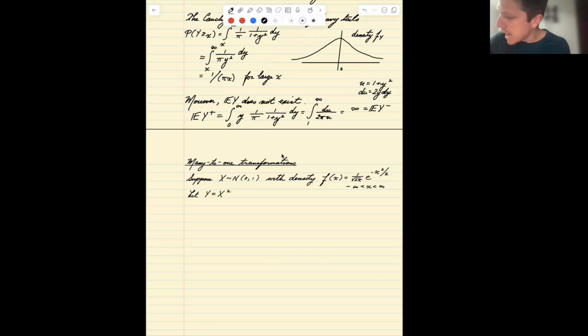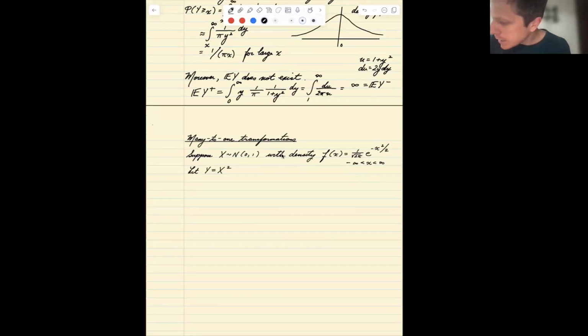Well, x squared is not 1 to 1. X squared is many to 1, because plus and minus x both map to the same value, x squared.